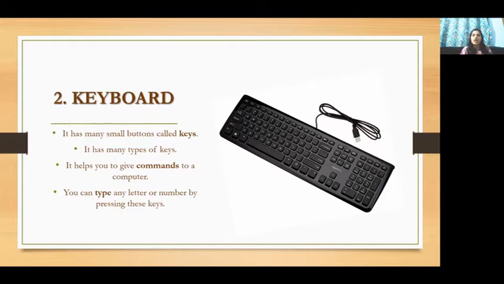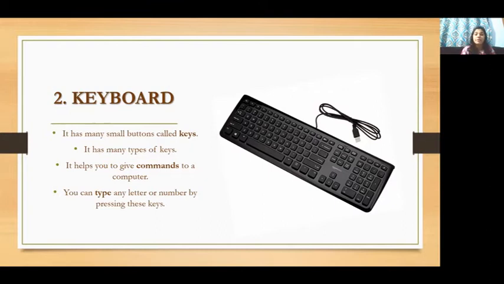Because a computer is not having ears, when you want to say something to a computer, you need to type, or else you need to use your mouse. So keyboard and mouse are used to give instructions to the computer. That is called giving commands. You understood?